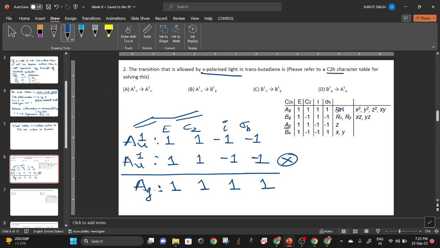So this transition A1u to A1u is not allowed by X-polarized light, so this is not the answer. We have to multiply each and check which one gives the mode Bu after cross multiplication. That will be the allowed transition in this case.